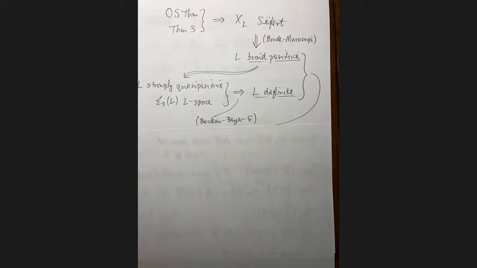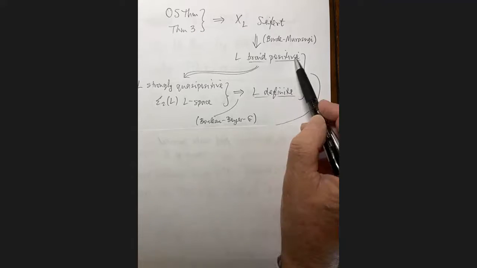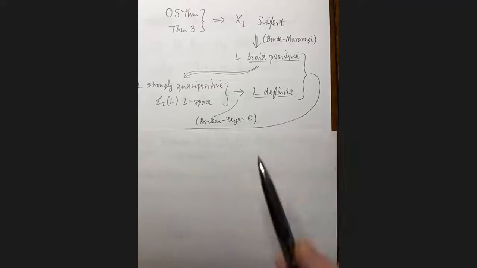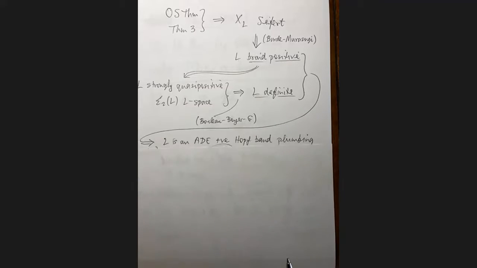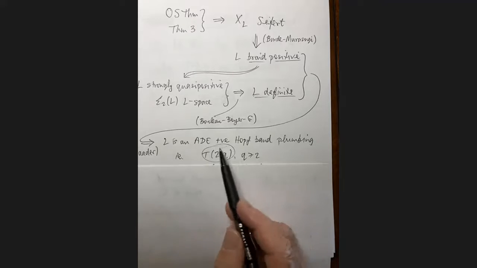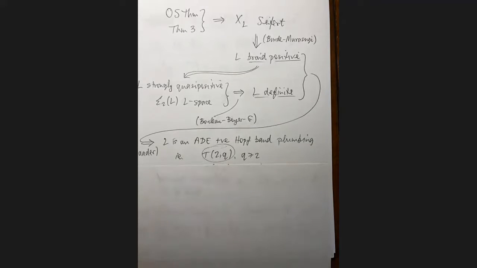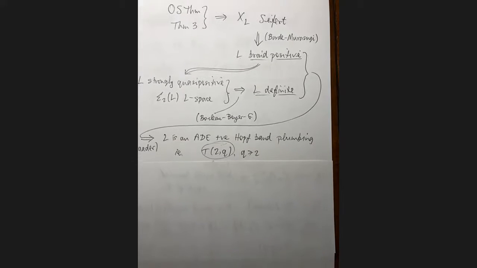The form is definite. Now, a positive braid link with maximal signature was studied by Baader, and he proved that the only such links come from plumbing positive Hopf bands according to these famous ADE Dynkin diagrams. They turn out to be precisely the 2Q torus links.